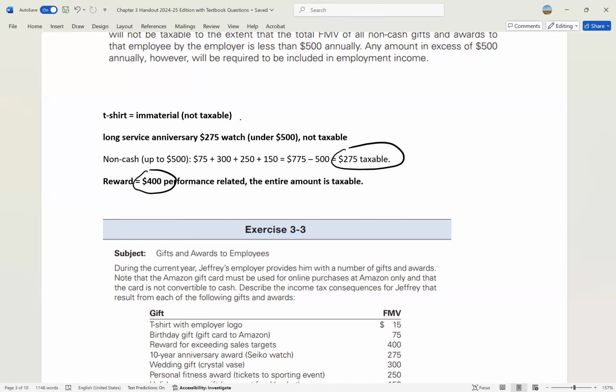The first $500 of these non-cash gifts is not taxable. The t-shirt is immaterial, not taxable. The long service anniversary reward is also not taxable because it's non-cash under $500. Any questions about this discussion on gifts and awards?